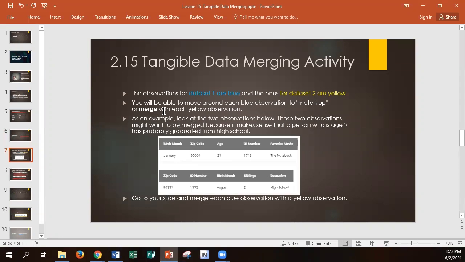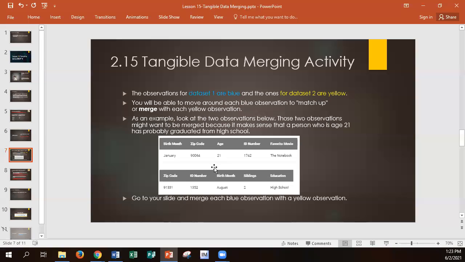You are going to move and merge each blue observation and match it up to a yellow observation. Your goal is to match up the same person's data from each data set, a blue strip to a yellow strip from the same person. Does that make sense? Okay.